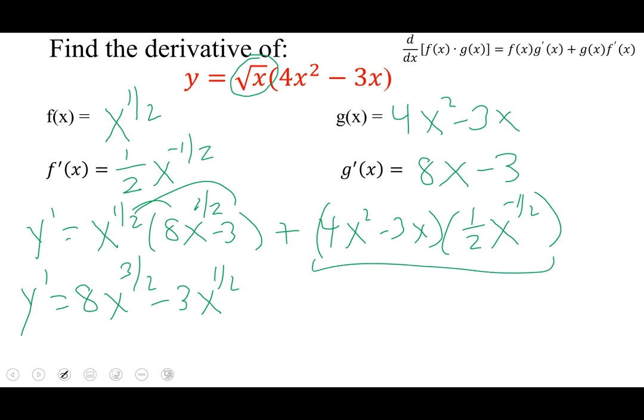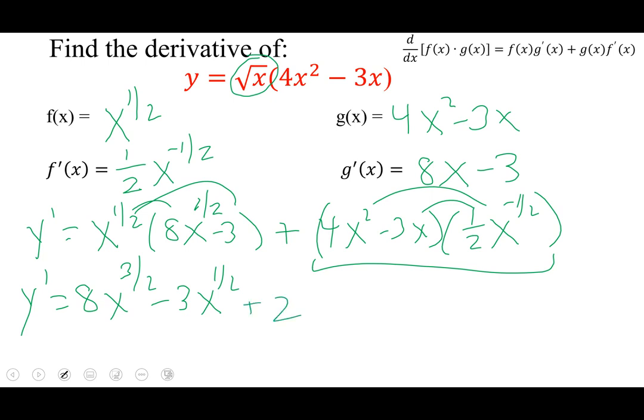Then anytime you get something like this second quantity here, please be advised, you could put the 1/2 x to the negative 1/2 out front, which most of you would prefer because it's a little easier to see how you distribute. Here, you're just distributing the opposite way, which is the same thing, but feel free to invert those two values if you think that it's easier. So 1/2 times 4 would, of course, give you 2.